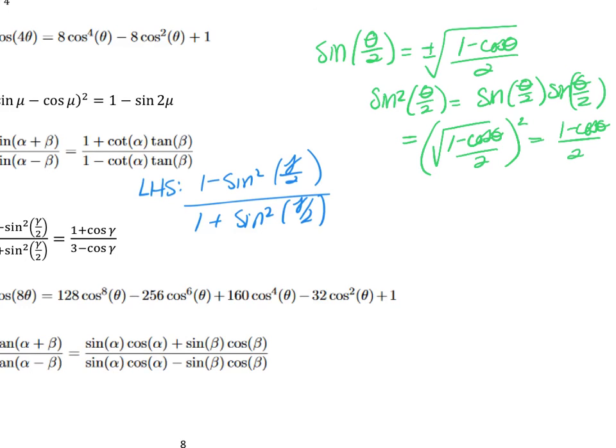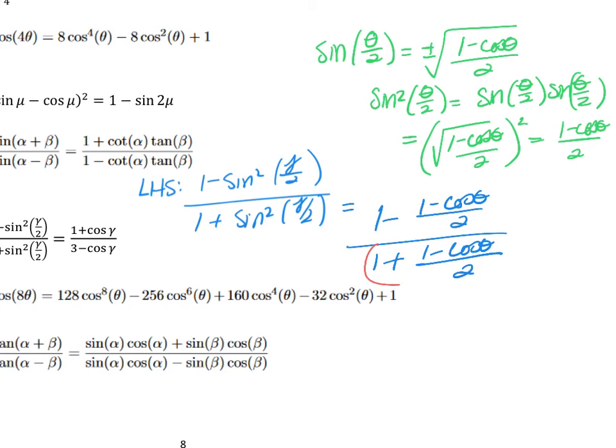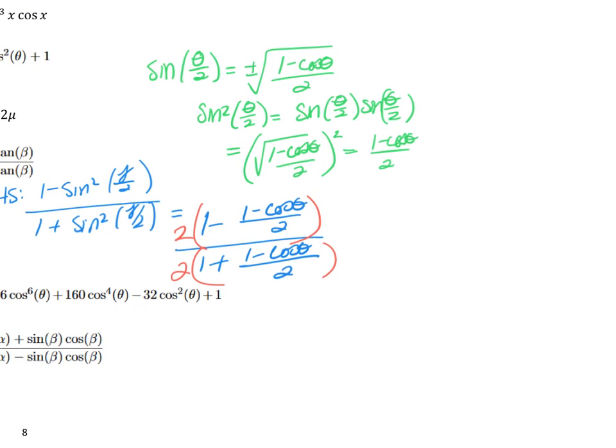Okay, so this is going to be equal to 1 minus 1 minus the cosine of theta all divided by 2, over 1 plus 1 minus the cosine of theta all divided by 2. I'm going to multiply everything by 2 over 1 so that I can clear my complex fraction.